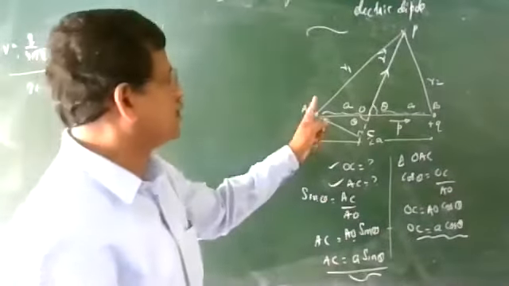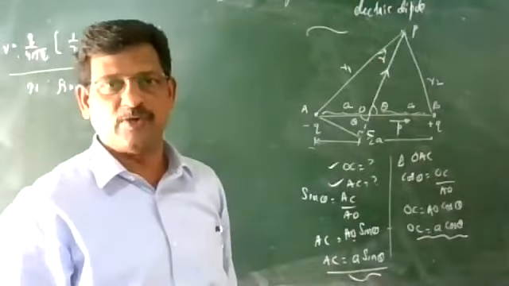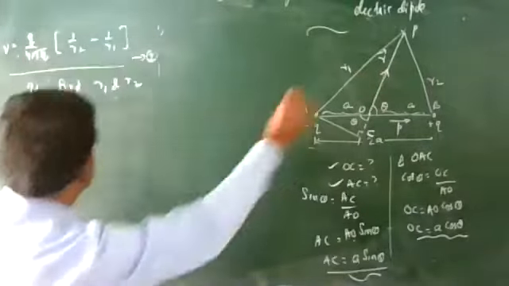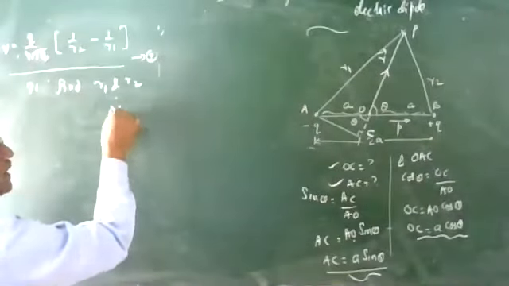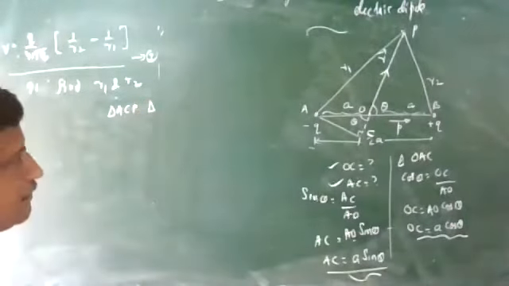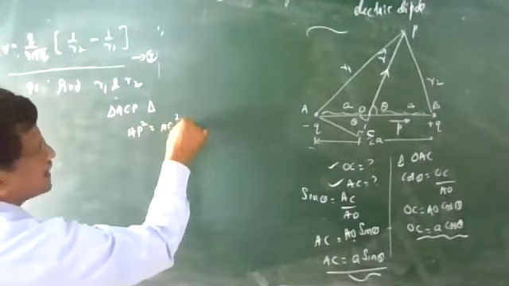Now look at the triangle ACP. It's a right angle triangle. From that, we use the Pythagoras theorem to find R1 square. Can you tell me what R1 square is, anyone? AP square is equal to AC square plus CP square.